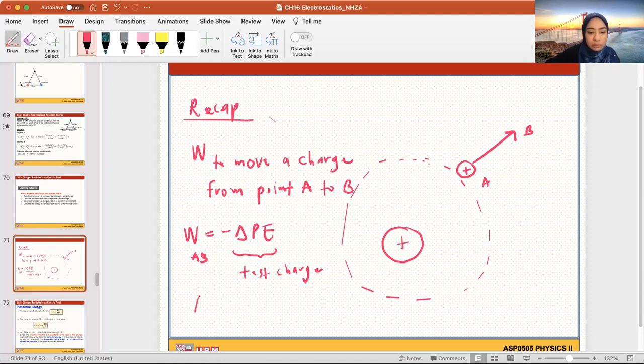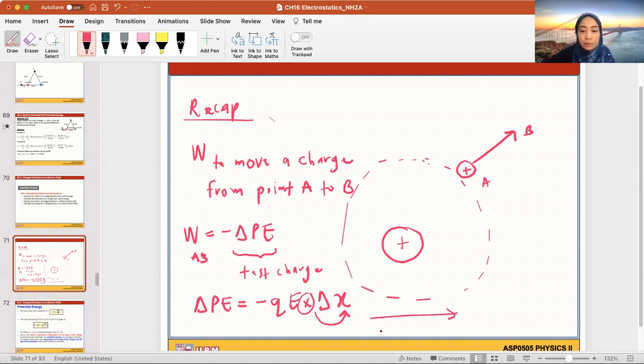Okay, so we know that delta PE is equal to minus QE_x delta x. And what does the x represent? This is an x, this is also an x, which means that they need to be parallel. Parallel means selari. If this is my E, this is my delta x, yes, this works.